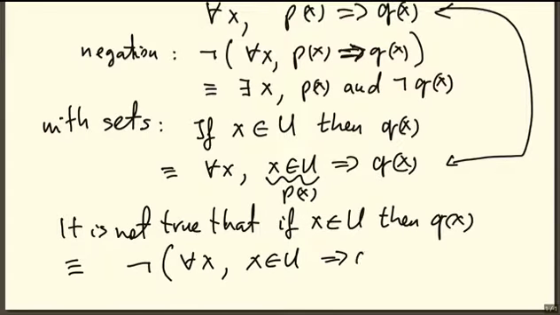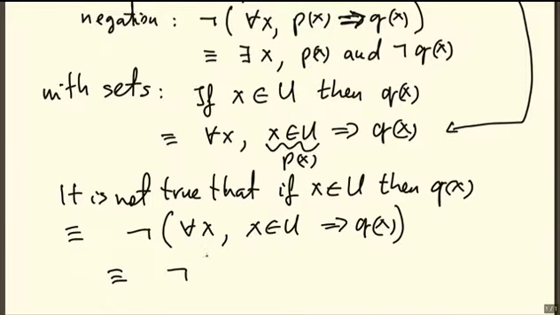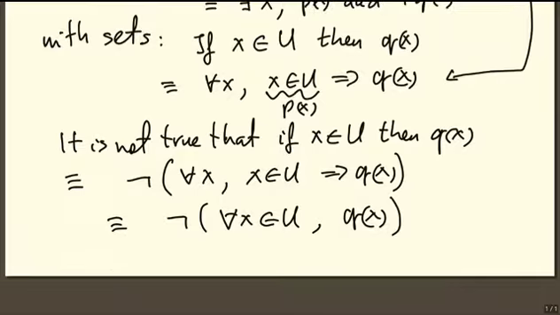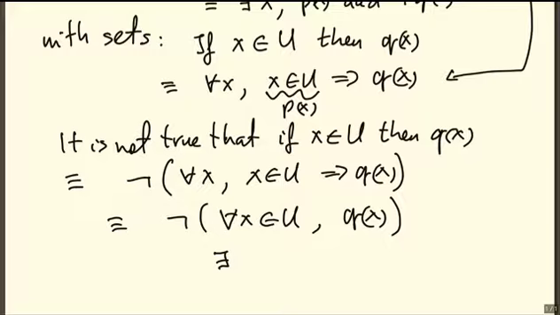In our book, most of the time we see a statement like if x is in U, then q of x. We can combine these two together actually: for all x in U, we have q of x. And then when we negate this, we change the universal quantifier to existential.